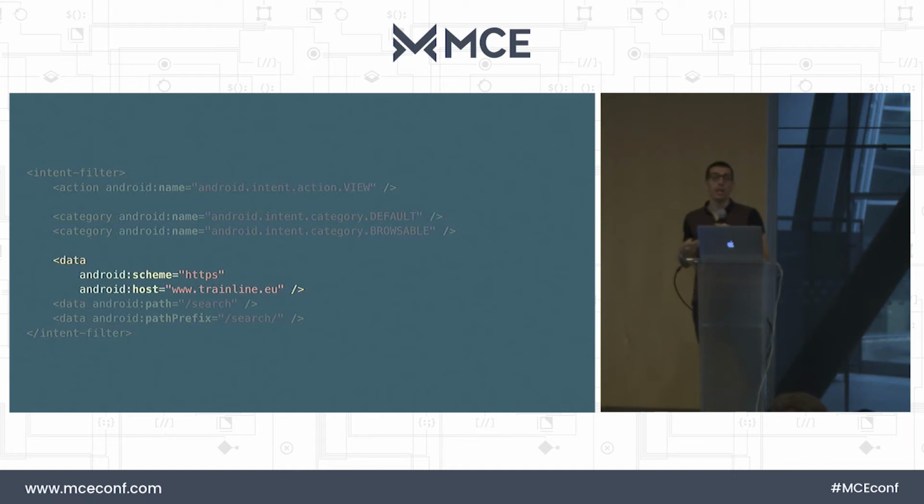And then come the data tags. The data tags are basically what define the URLs that you want to catch. In our case, we wanted to catch the HTTPS scheme, so we used only the scheme XML attribute. And then we want to catch the host, which is www.trainline.eu.